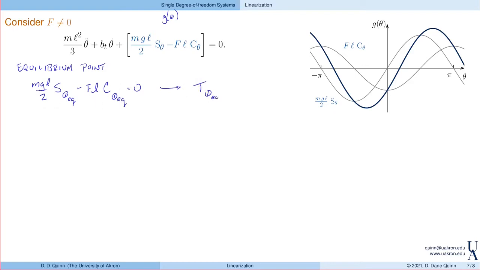I just find that tangent of theta is equal to, well, f times l divided by mgl over 2, or 2f divided by mg. So now, given this equilibrium point, I want to linearize this function about that. Okay, great. Sine of theta is sine of theta equilibrium plus cosine of theta equilibrium times, again, the difference.